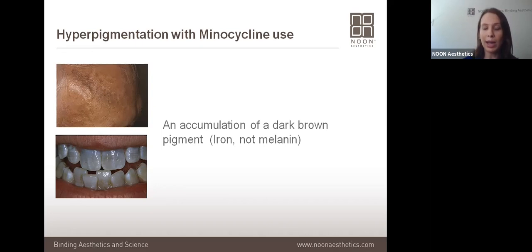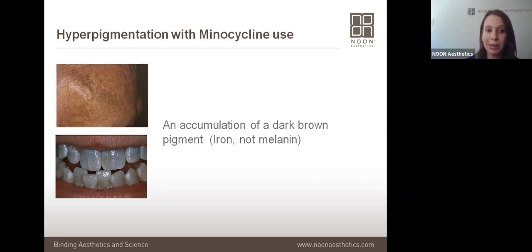And after a while, you will see that it's not working. Nothing is moving, you can't really see any result. Then maybe you will think about asking for a medication history, use of antibiotics or maybe even minocycline.